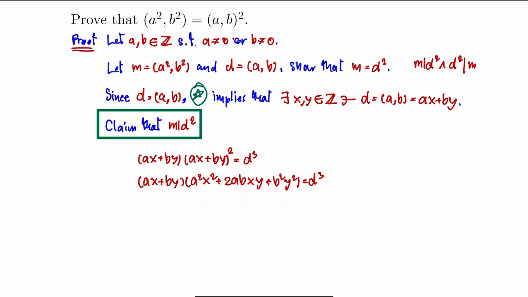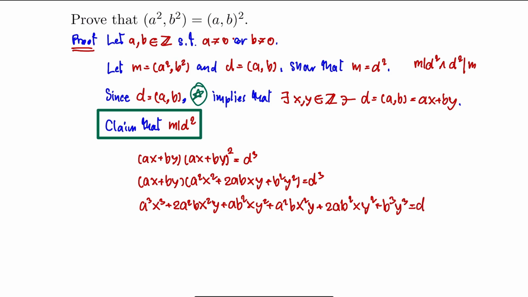So we have a cubed x cubed plus 2a square b x square y plus ab square xy square, plus, we distribute this by into each term, a square b x square y plus 2ab square xy square plus b cubed y cubed, equal to d cubed.